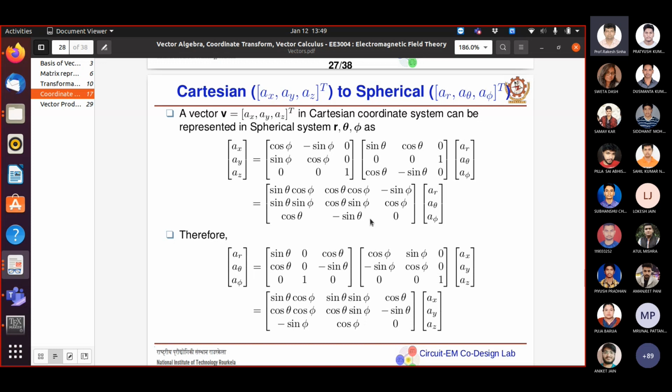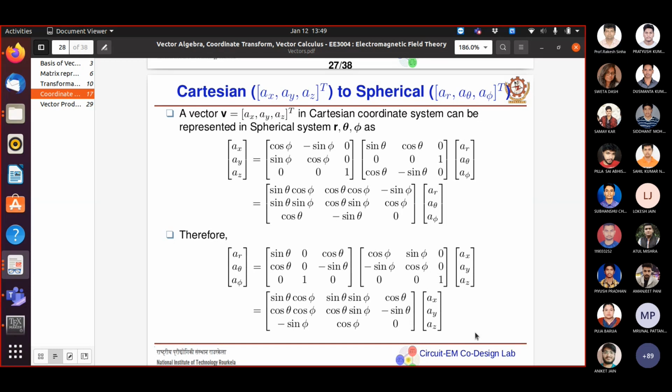You can easily verify. Because you have done the inversion, and this matrix also possesses the orthogonal property. In this way you can transform any vector in any coordinate system into another coordinate system.